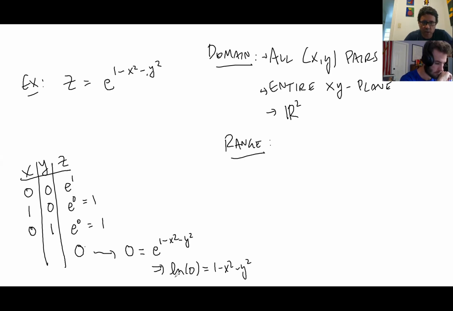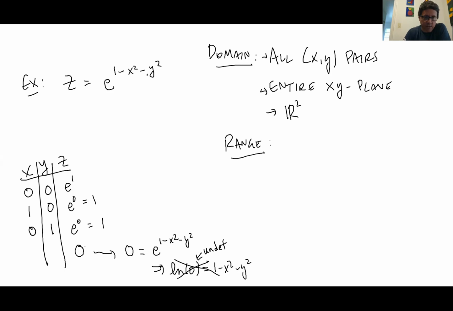The problem is that natural log of 0 is undefined. So what that means is there are no values of x and y I can plug in to make this work out.